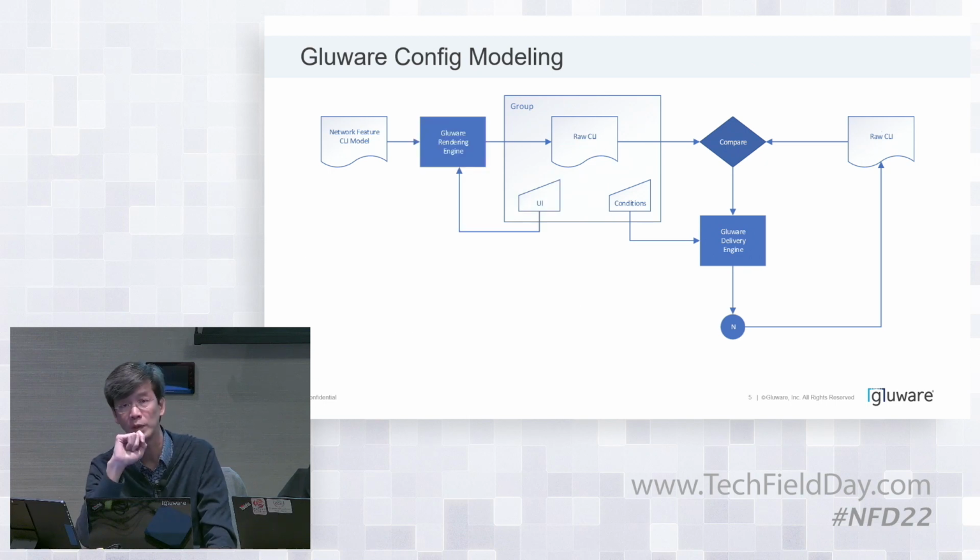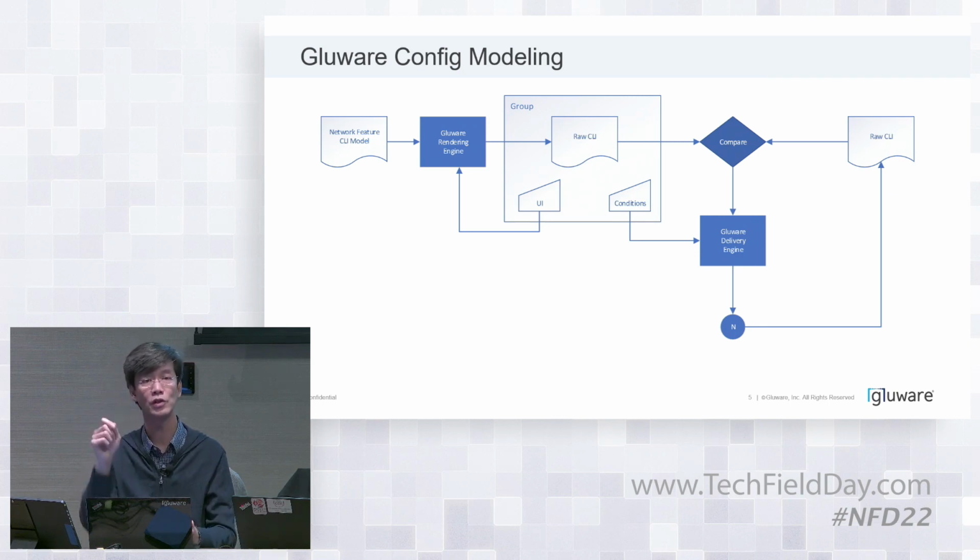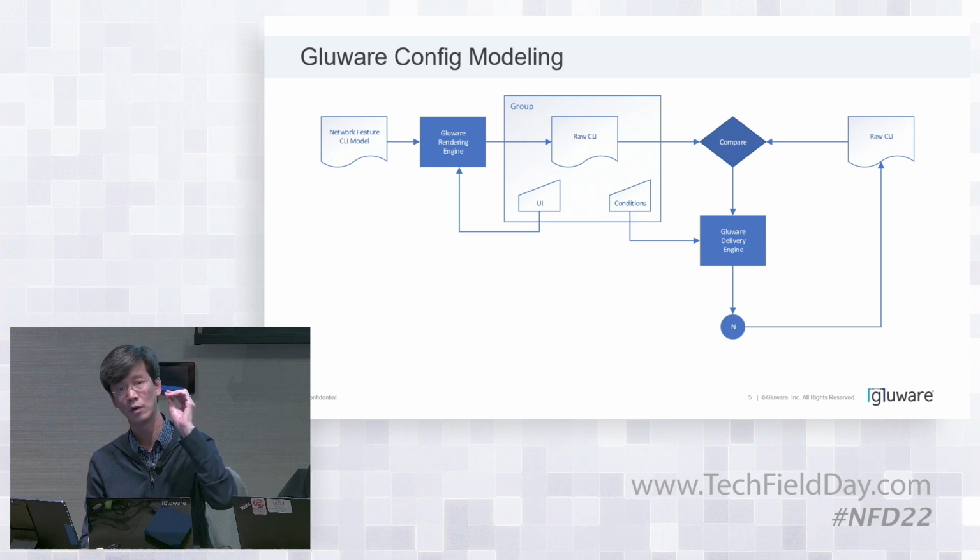But this is not good enough, because maybe you would like to make the CLI dynamic. You might like the user to just put some stuff in it, so you want user interaction. This is why in the Gluware rendering engine you have a way to have this user interaction, asking them, okay, what is the value of the shaper you want for this course model, etc. So you can invite the user and interact with the user in order to create that dynamic CLI.